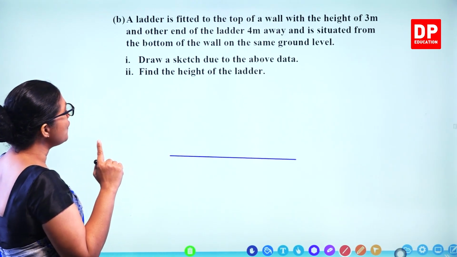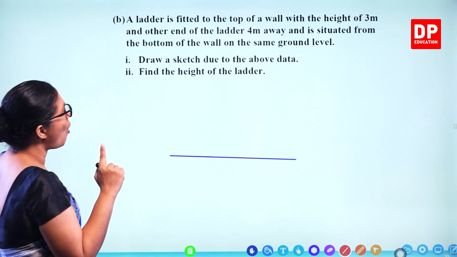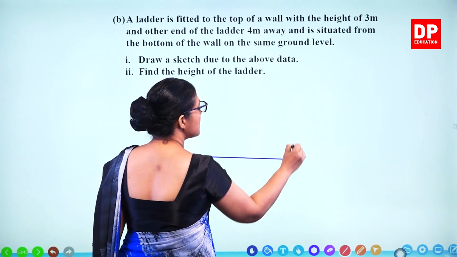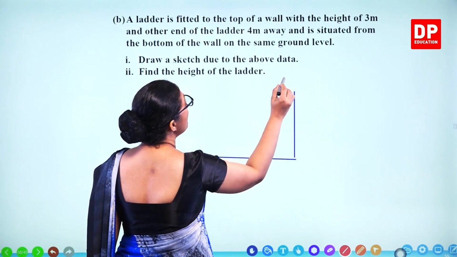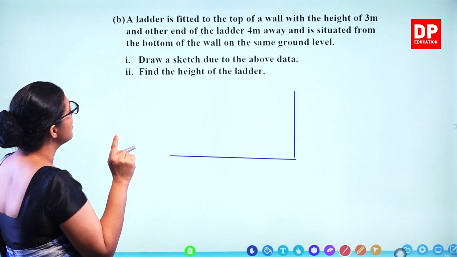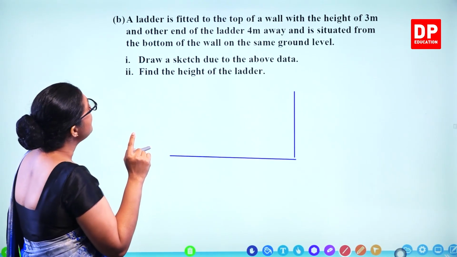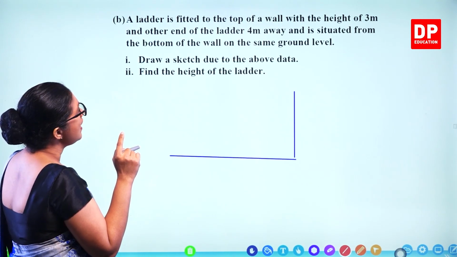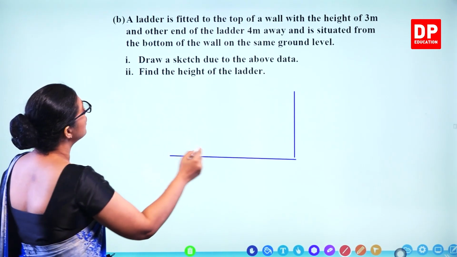A ladder is fitted to the top of a wall. So we'll take, this is the wall, top of the wall with the height 3 meters and the other end of the ladder 4 meters away and is situated from the bottom of the wall.